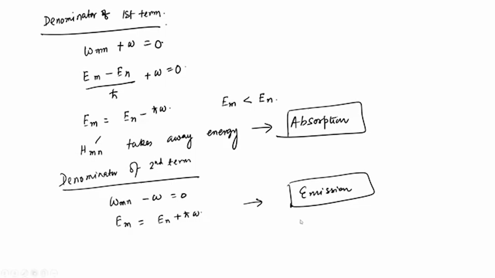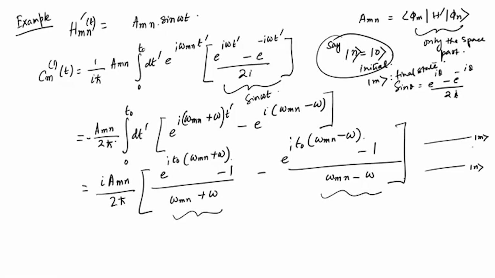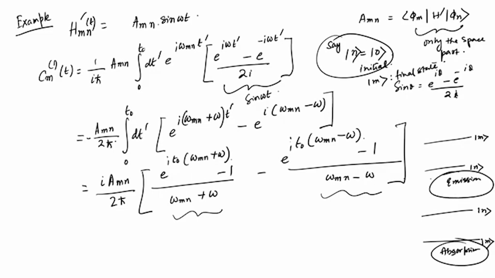So, this picture that we have is only for the emission part, and when you have the absorption, then you have these lying above this, that is also possible. So, the two terms actually have both these possibilities. Okay.